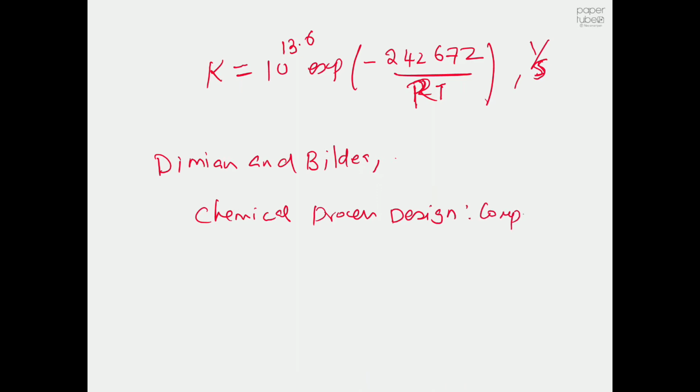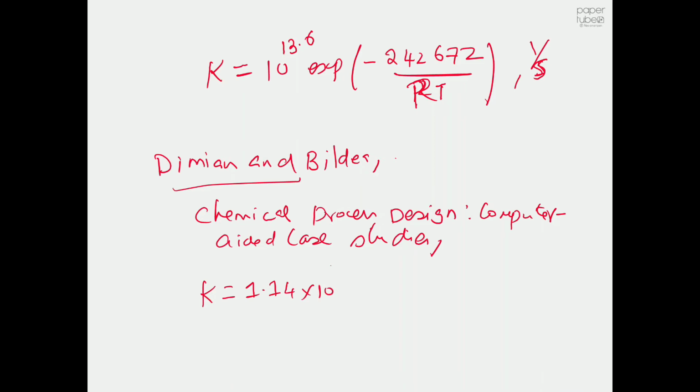In fact, I am following this book, I have it right now on my table. They modified this expression in order to bring the result closer to the industrial data. So k is equal to 1.14 into 10 to the power of 14, some really big number, exponential minus 672 divided by RT, 1 by seconds.